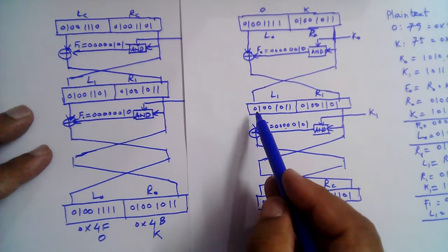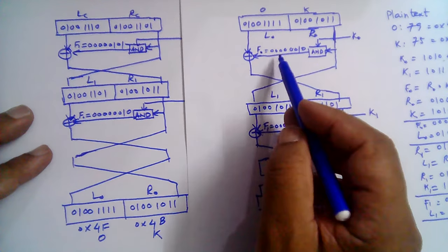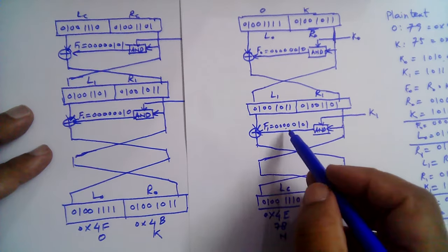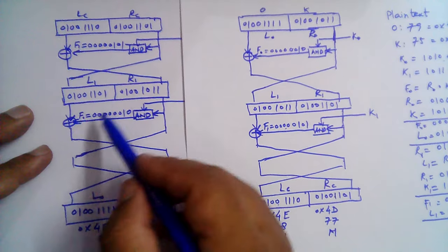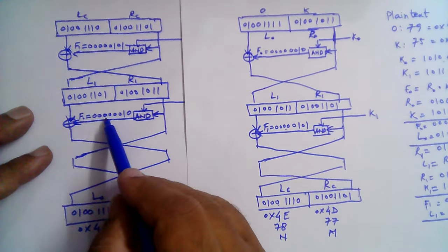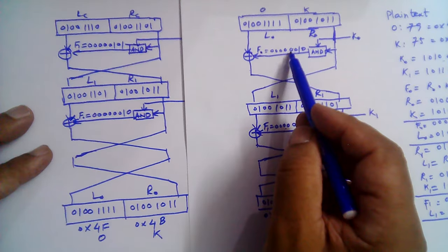And F naught is the same here, 000010, as the F naught output there.